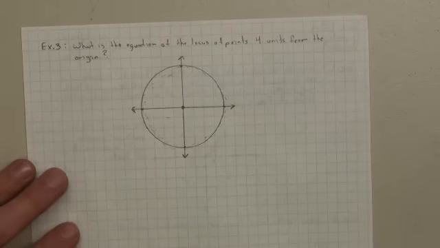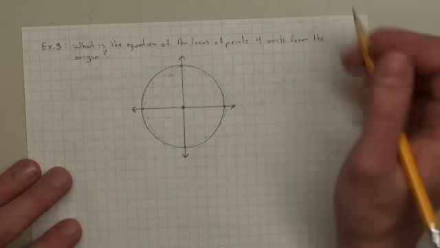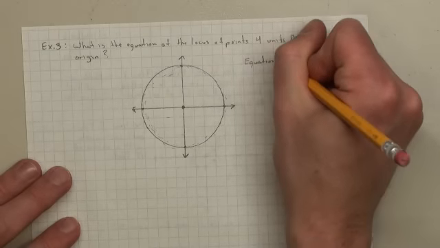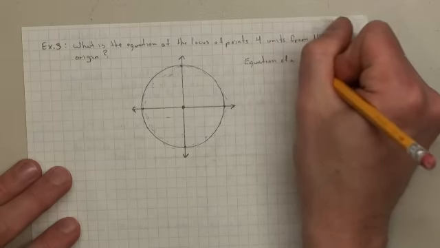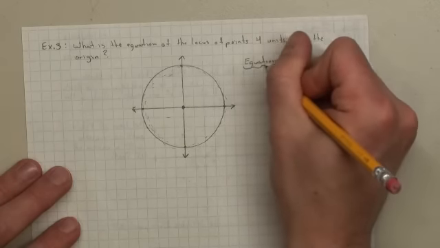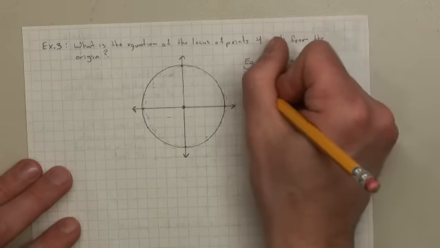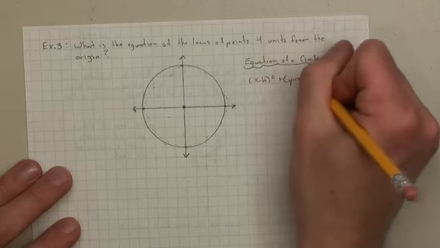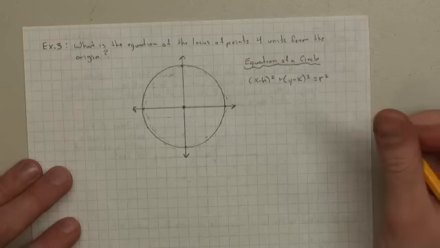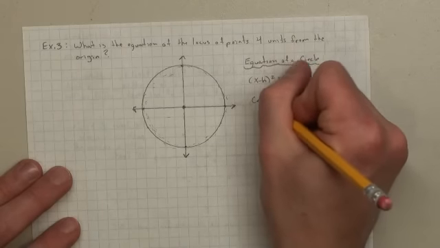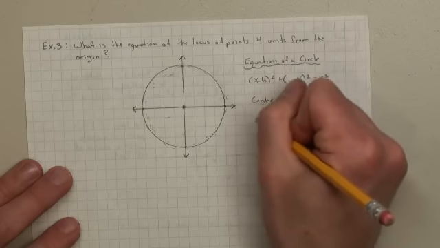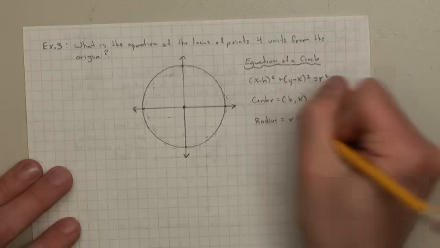Now the question is not just to draw the locus of points 4 units from the origin, it wants to know the equation. Remember the equation of a circle? We did this, so I hope you're at least familiar with it. It's x minus h squared plus y minus k squared equals r squared, where the center is (h, k) and the radius is r.